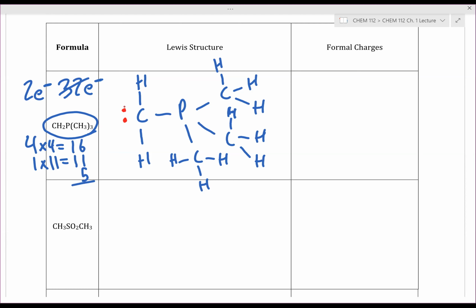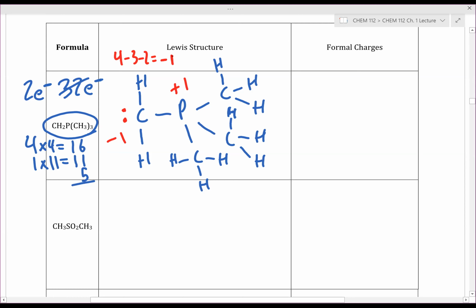However, looking at our formal charges, do we have formal charges in this current depiction? Yes, we have a formal charge of +1 on phosphorus. And what about carbon? -1. Just as a refresher, 4 minus 3 minus 2 gives us our formal charge of -1. So although this structure is pretty good, it's pretty descriptive, if we wanted to minimize formal charges, what will we do between this carbon and this phosphorus?